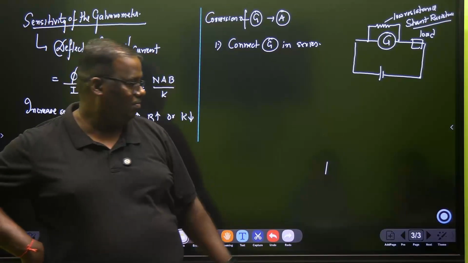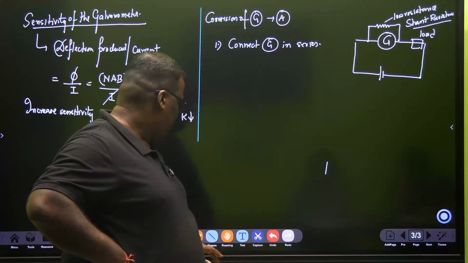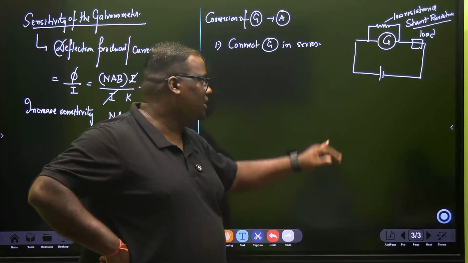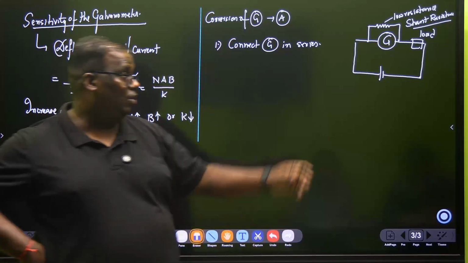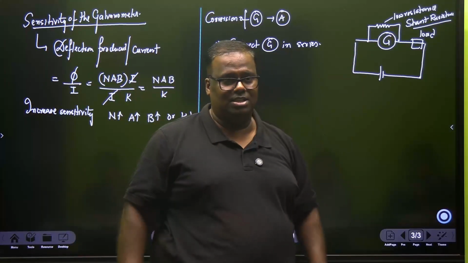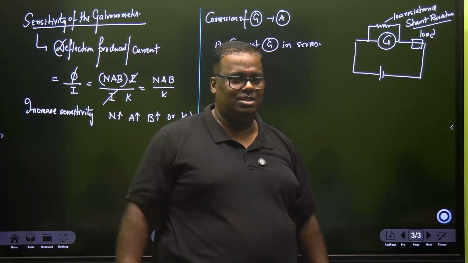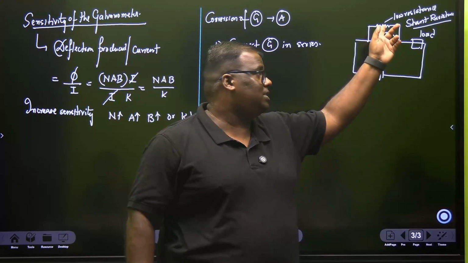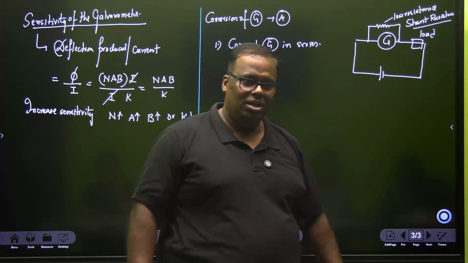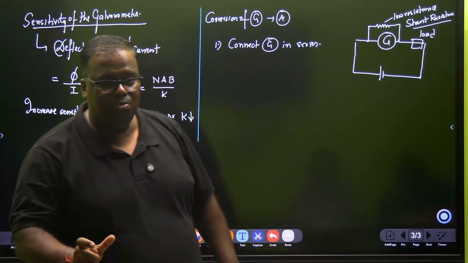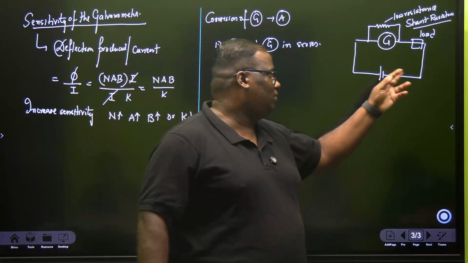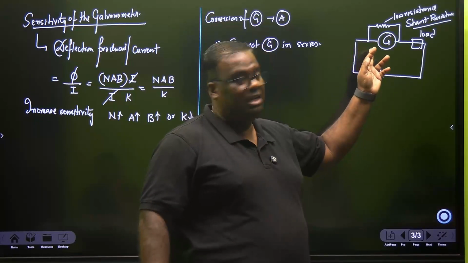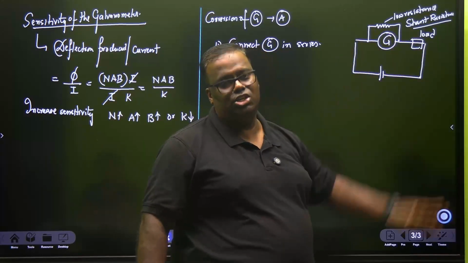Understand once again, two things. By connecting one resistance in parallel, the overall resistance is coming down. The galvanometer itself also has a resistance. Every device has a resistance. With that resistance, this shunt is now in parallel. But the shunt is not chosen to be of high value. The shunt is chosen to be of low value, so that whatever current is in this circuit, let all the current go through the shunt.